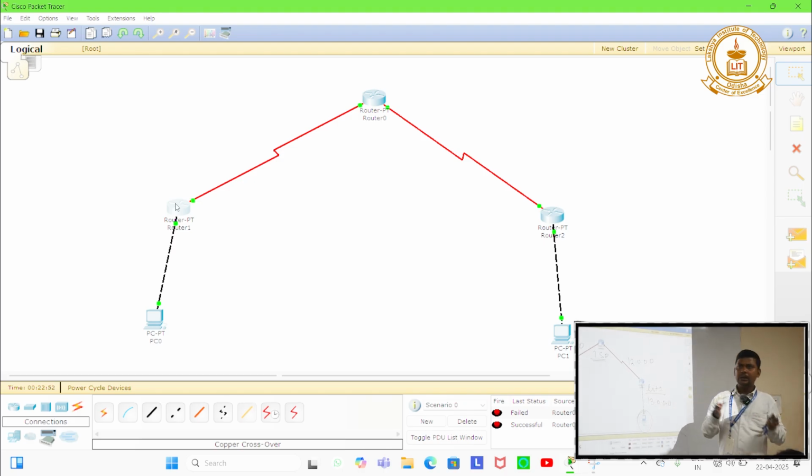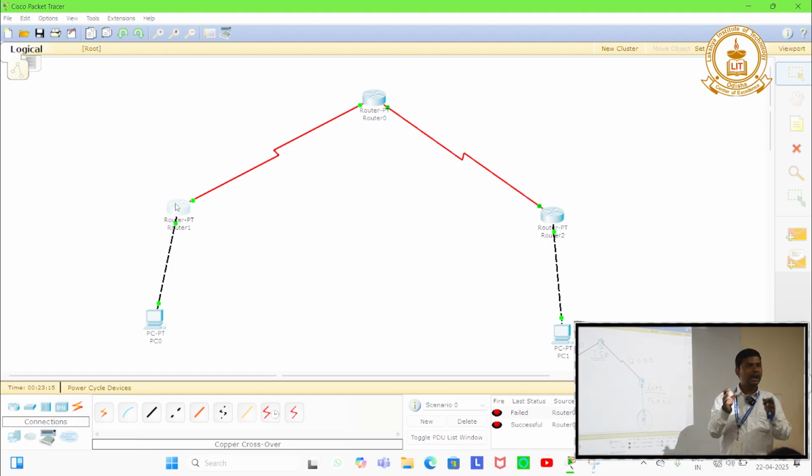Our computer, printer, mobile and tab use a routed protocol. TCP/IP is a routed protocol. All the end devices use the routed protocol, but the routed protocol is carried over the routing protocol.